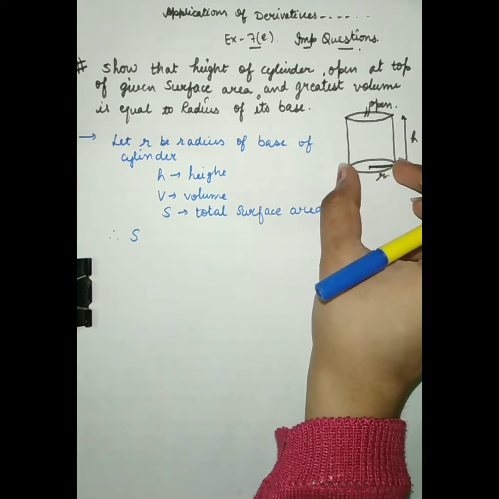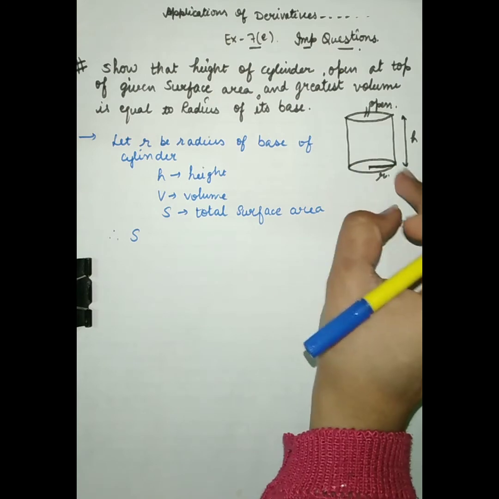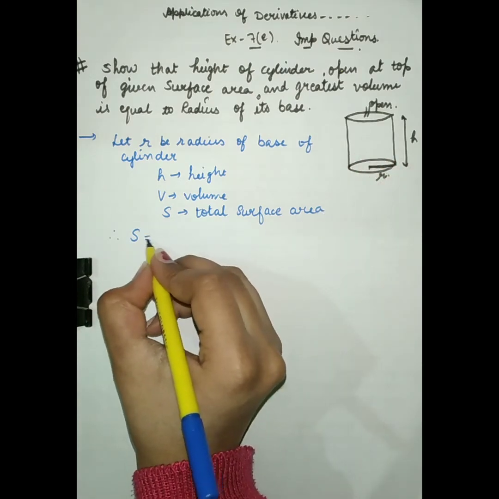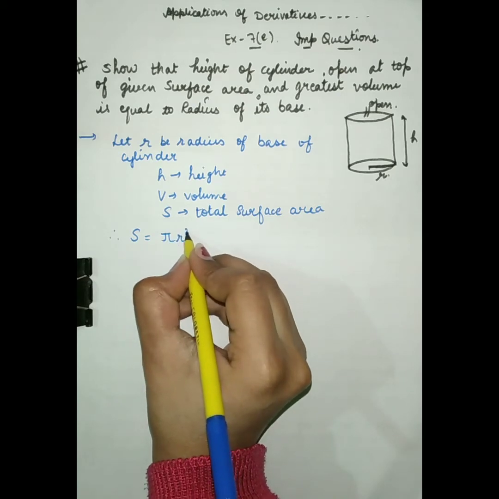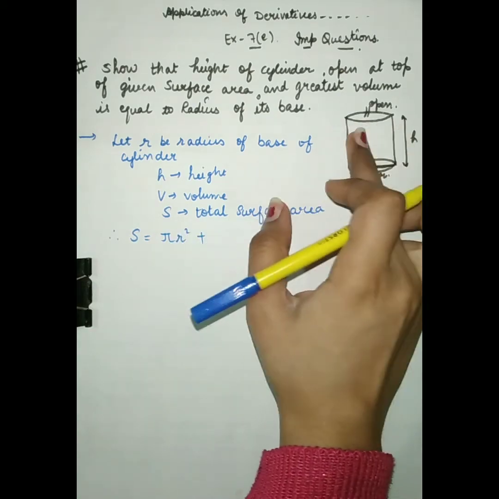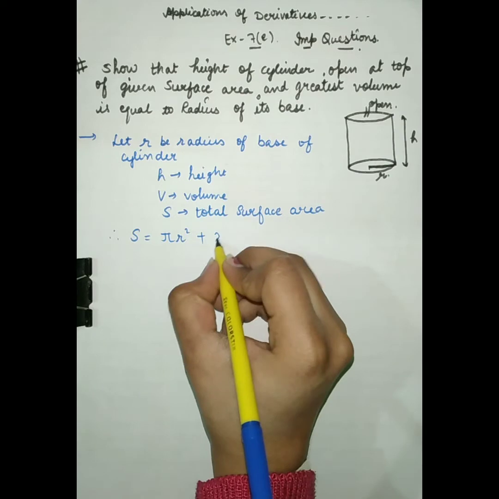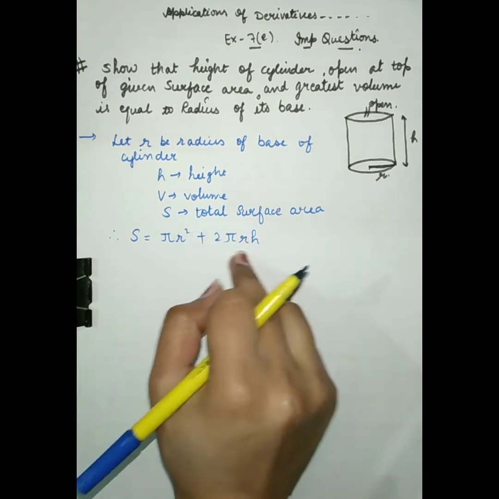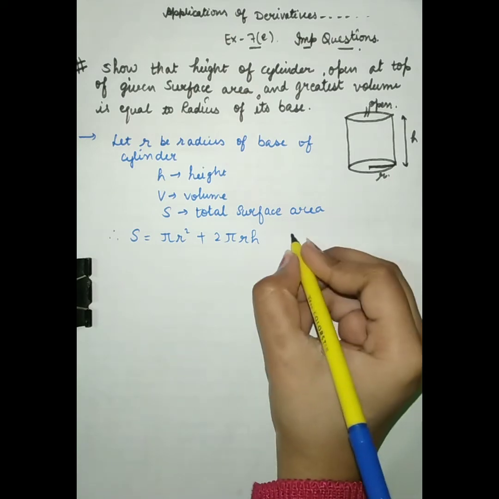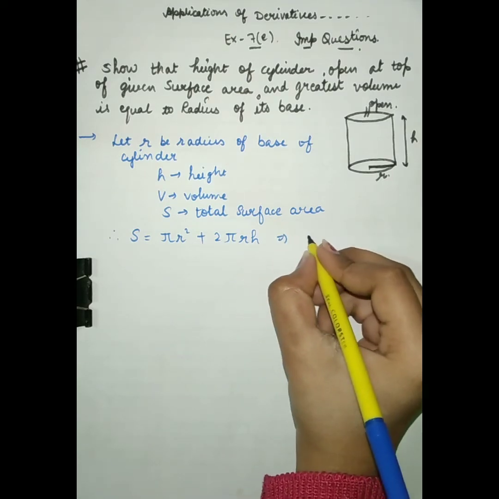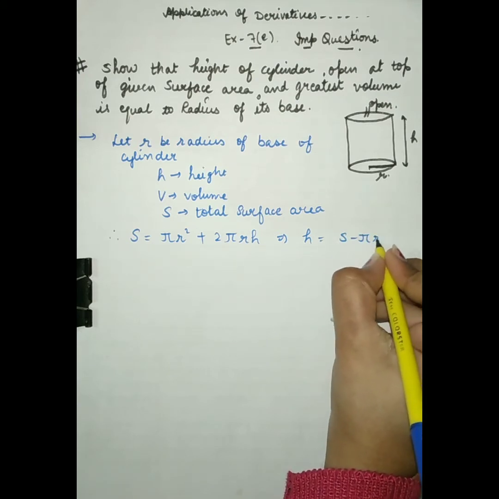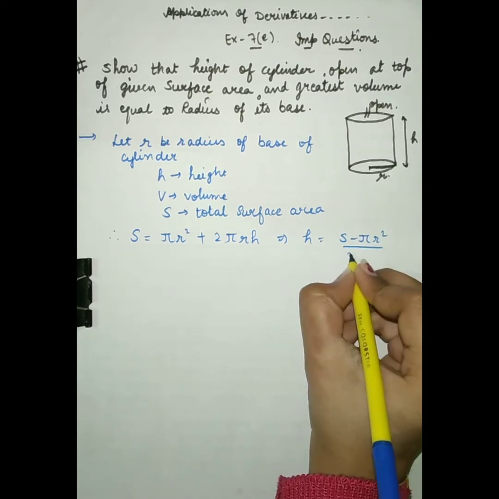If this is a closed surface, that means this is a circle having the area pi r square. So surface area will be equal to pi r square plus the curved surface area of the cylinder, 2 pi r H. So total surface area will become pi r square plus 2 pi r H. So from this, H will be equal to S minus pi r square upon 2 pi r.